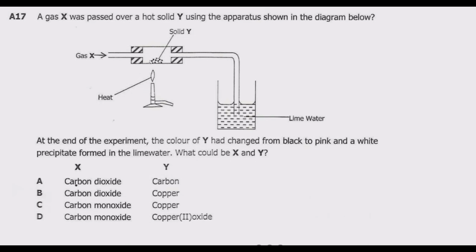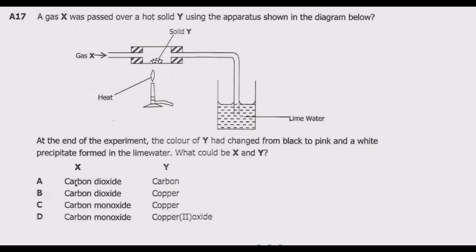Question A17. A gas X was passed over a hot solid Y using the apparatus shown in the diagram below. So we have gas X, solid Y, then we heat that solid Y, then we pass the gas into lime water. At the end of the experiment, the color of Y had changed from black to pink, and a white precipitate formed in the lime water.